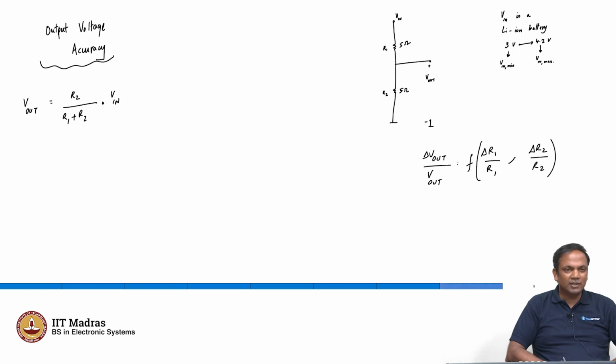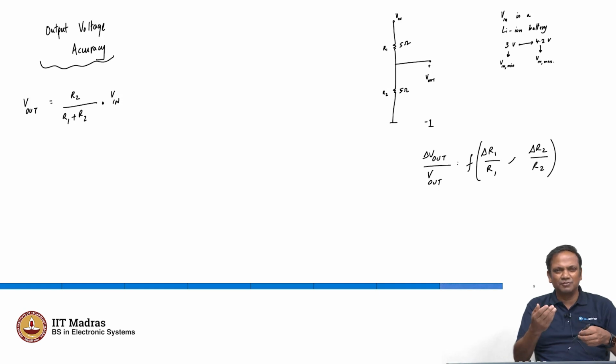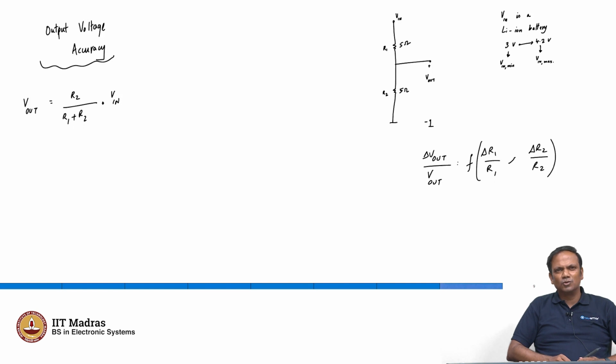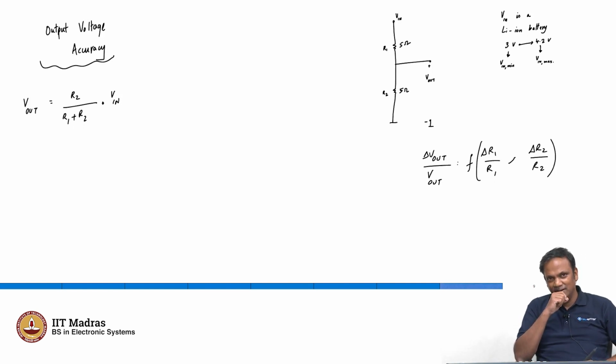Now, if these resistors have a normal distribution, you have probably done a statistics class either in the first or second semester, so you would be familiar with terms like mean, standard deviation, etc. What we are going to assume is that we are looking at units that have a normal distribution.